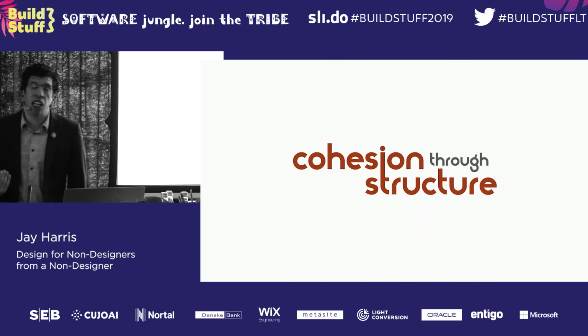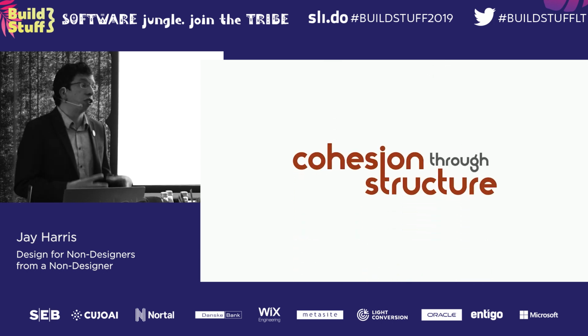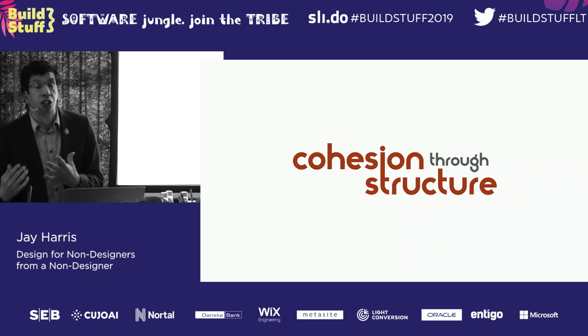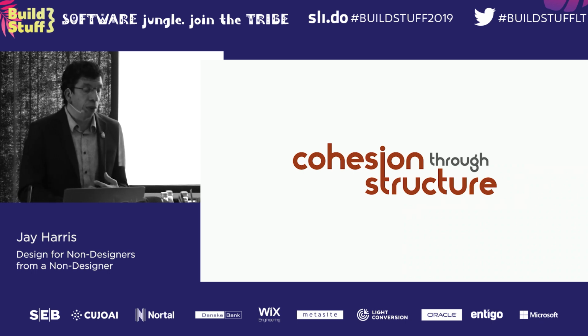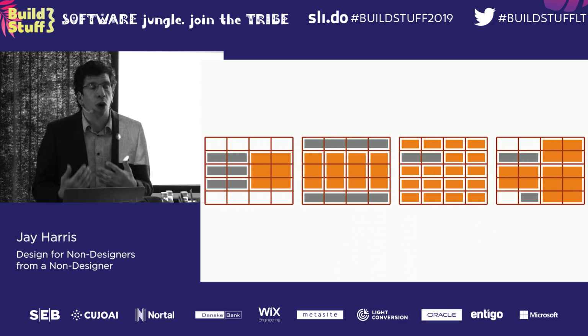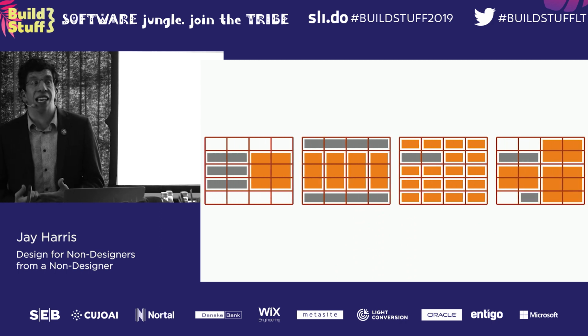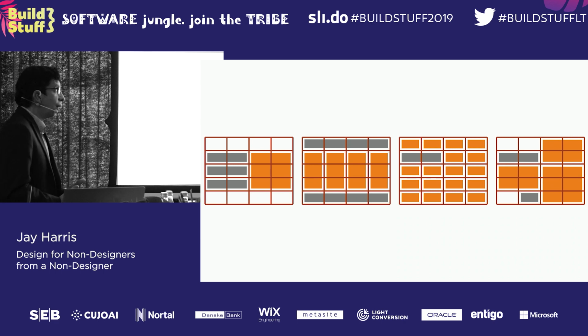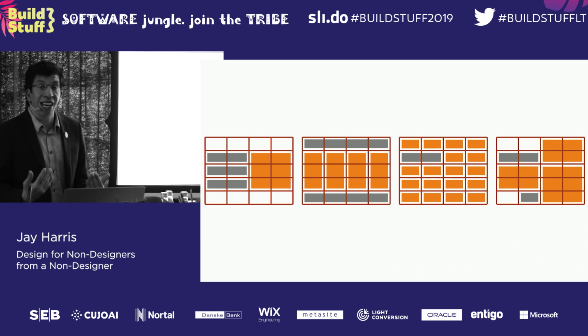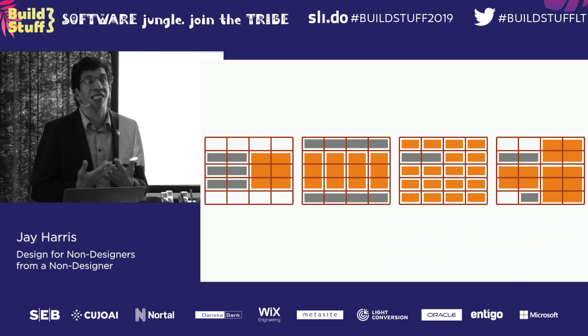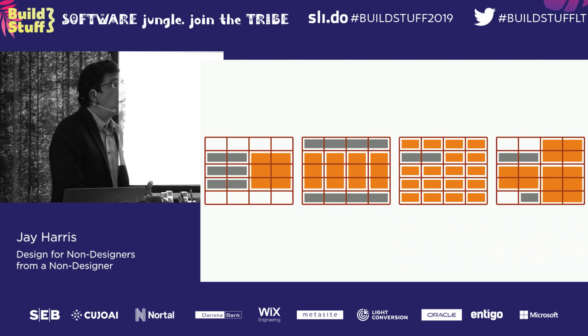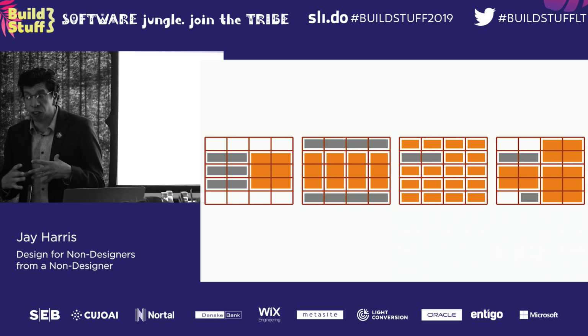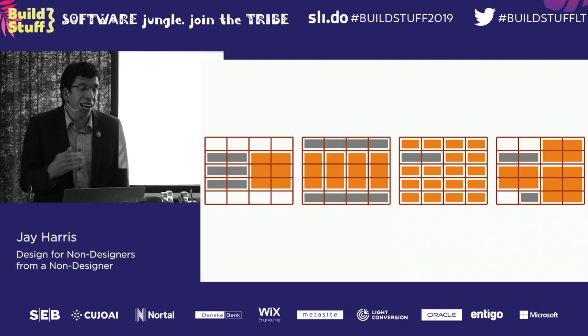The first element of that unity is a cohesion through structure, a cohesiveness throughout the structure of our application. For me as a web developer, I will most commonly see that in a grid system. A lot of those CSS frameworks that we use have those grid systems built in. It might be some sort of column-based system. It might be some sort of row-based system.